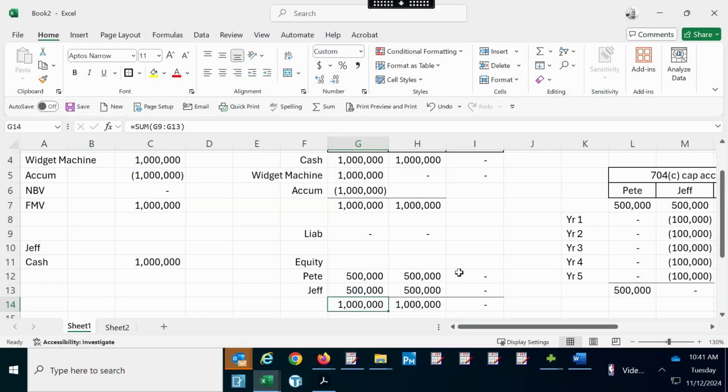So now, even though on day 1 we had this fact pattern where Pete came with asset with $500,000 of basis, Jeff got all the depreciation, that equalized capital accounts out, correct? Right? Leslie comes into the partnership, 3 years later, contributes $1 million.